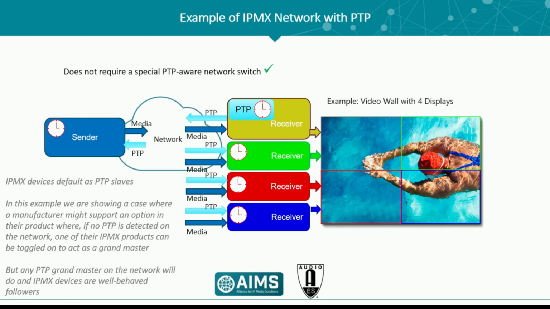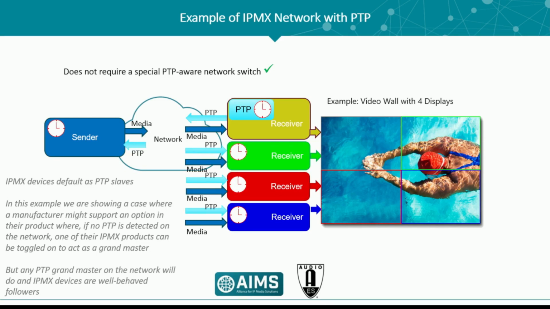In the example that I am illustrating here, I'm pretending that a manufacturer has implemented an option in their product to convert one of their endpoints from being a follower into a grandmaster. So this is an optional feature where a device itself can maybe be asked to become the orchestrator or the grandmaster of the network. So this is a possibility. So the grandmaster could be from an external source, or it could be one of the IPMX endpoints themselves if an option is exposed in the interface to turn that feature on.